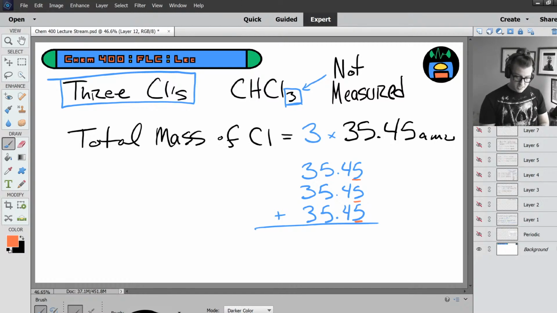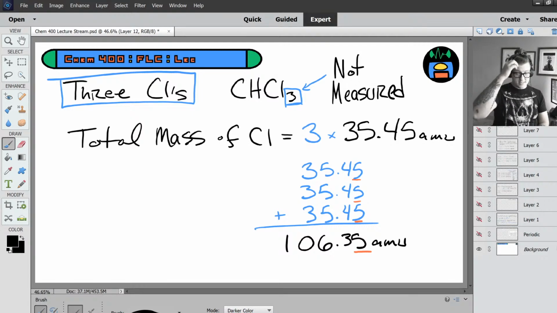So when you multiply this through and get your answer, or add them all together, 106.35, your answer must have its last significant digit in the same place as the least precise number, and they all share precision.